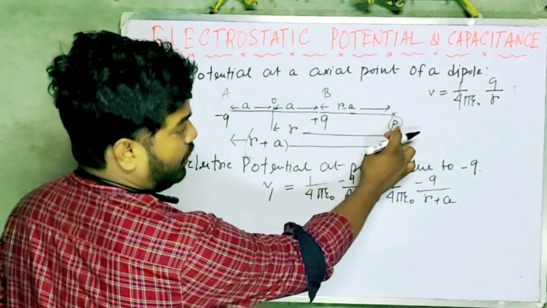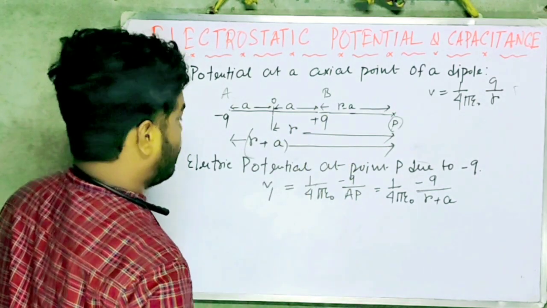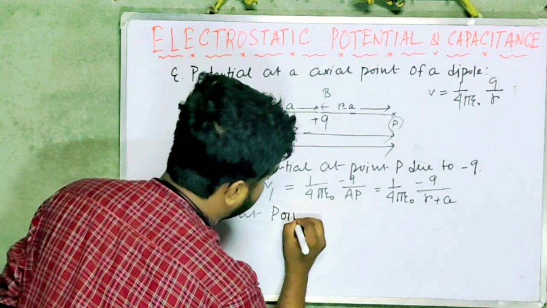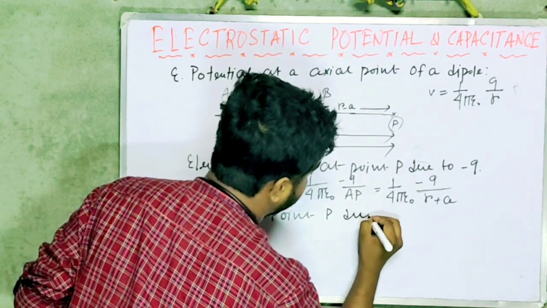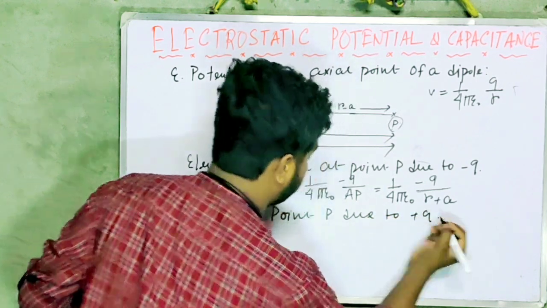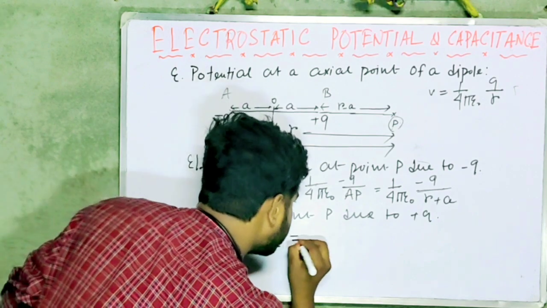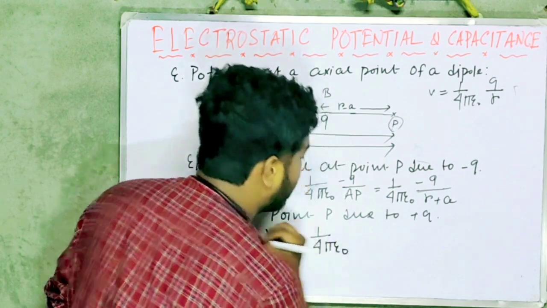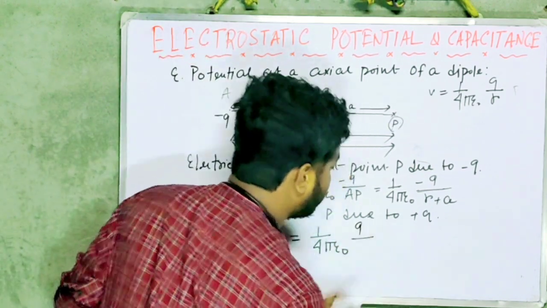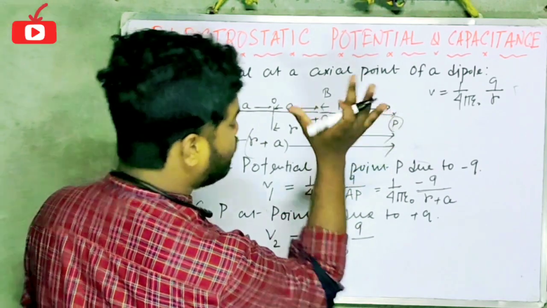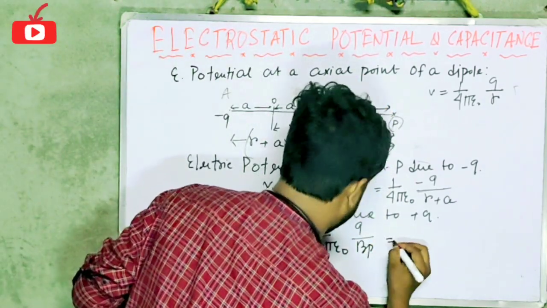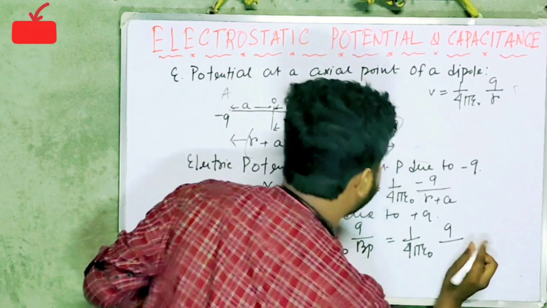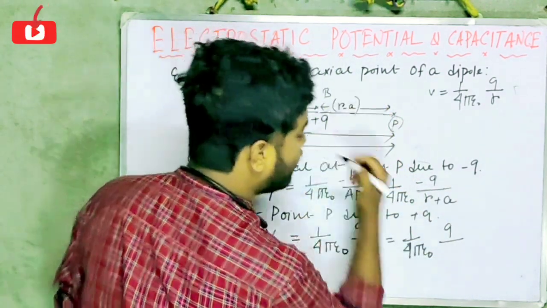Now we have to calculate electric potential at point P due to plus q charge. So electric potential at point P due to plus q, suppose V2, and the form will be 1 by 4 pi epsilon naught, the charge q, and the separation BP, and the value of BP is r minus a. So V2 equals 1 by 4 pi epsilon naught q by r minus a.